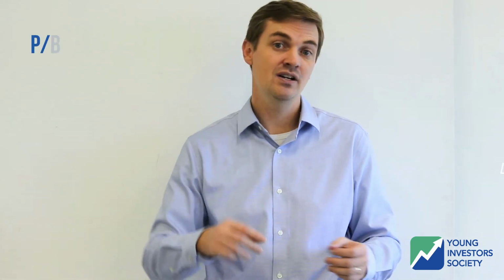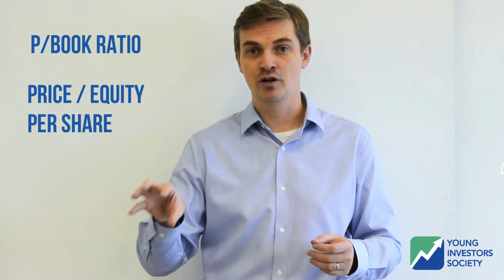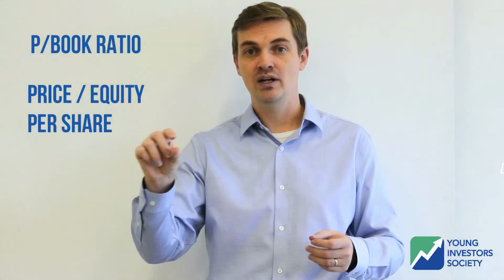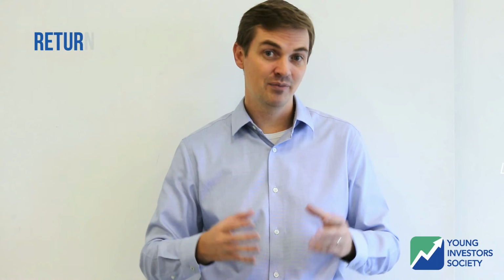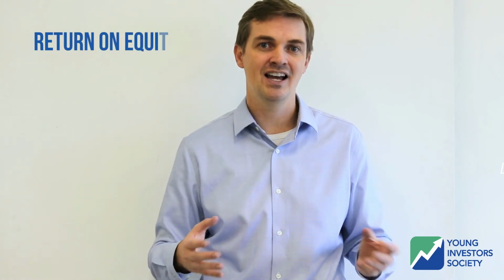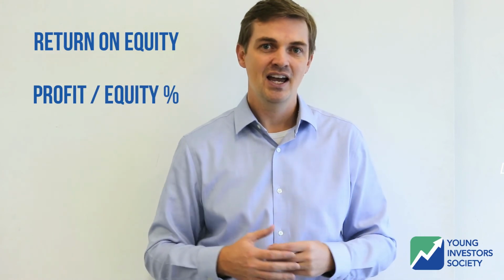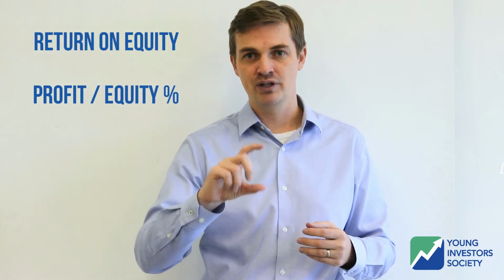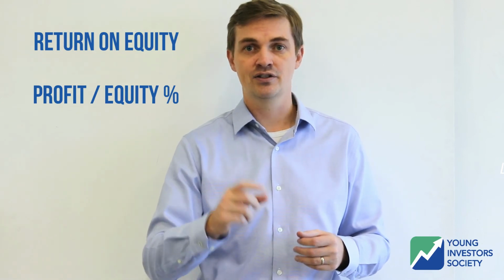Price to book ratio is the price per share divided by the book value per share, or the equity on the balance sheet per share. The next ratio is an important one, as we know, the return on equity. Warren Buffett loves this metric. I love this metric. And this is the return on the equity that you get as a shareholder in that year's earnings.